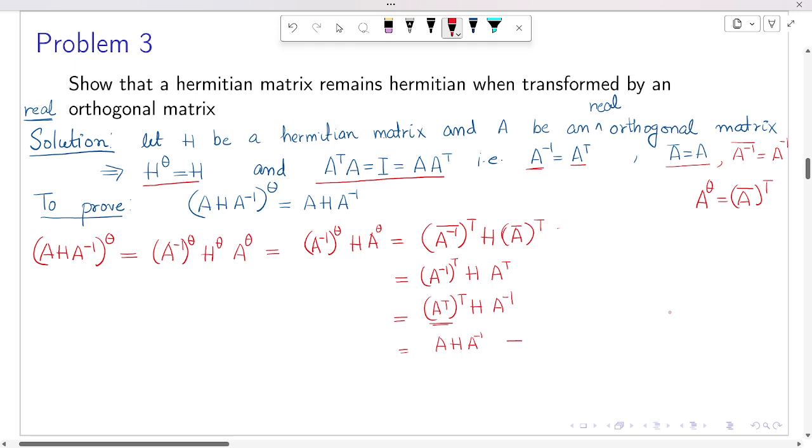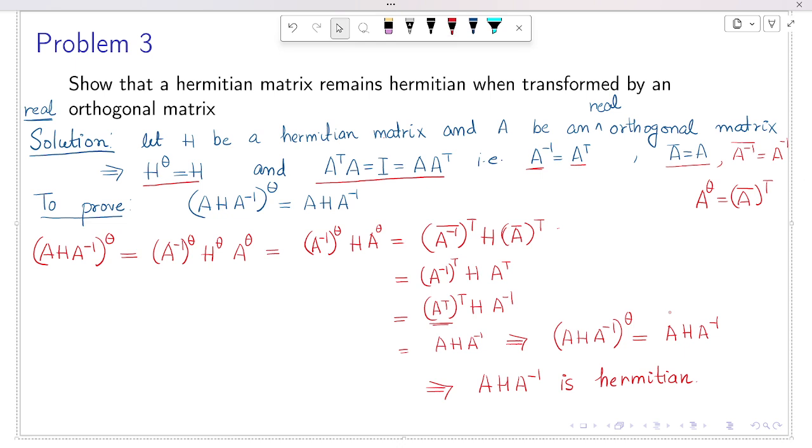So what we have proved is that the conjugate of A H A inverse is equal to A H A inverse. It means A H A inverse is Hermitian. So this is all with this problem.